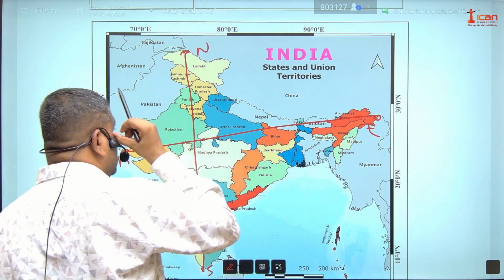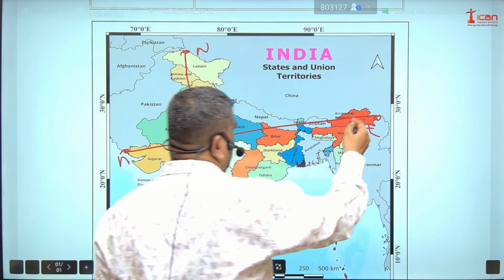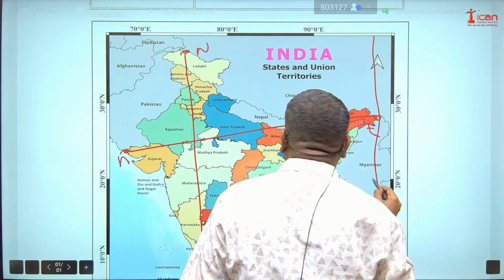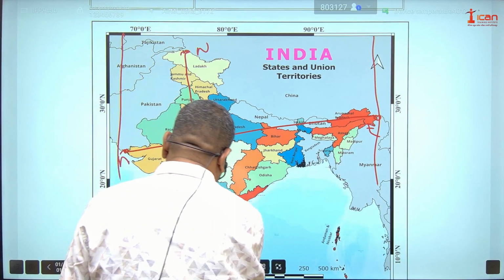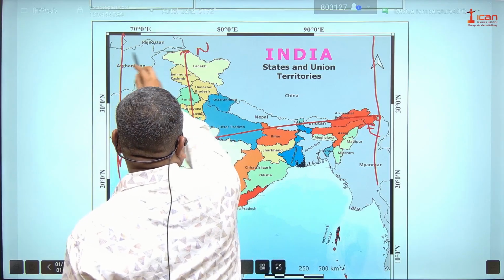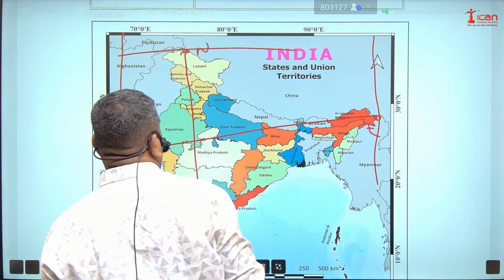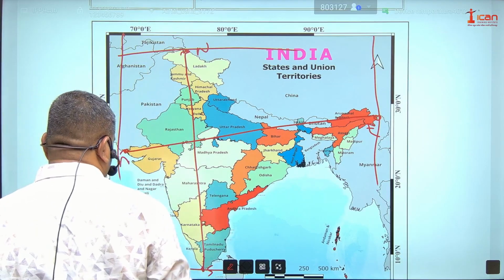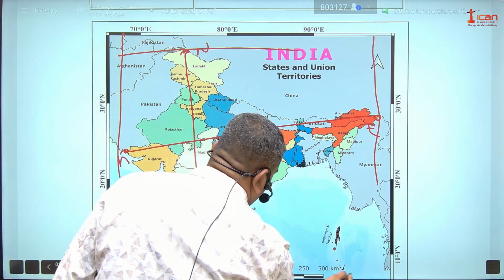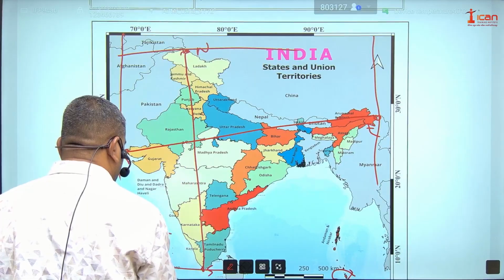Then where are we in terms of latitude? We are somewhere here. This is the latitude here, and this is the latitude here. We are at 37 degrees here, or almost 8.4 here, because we have Andaman and Nicobar also, and we have Lakshadweep here as well.